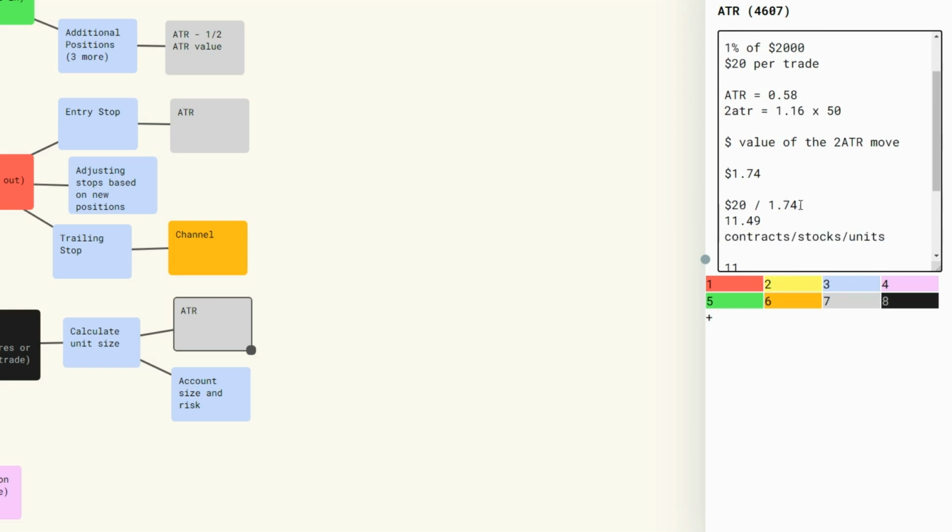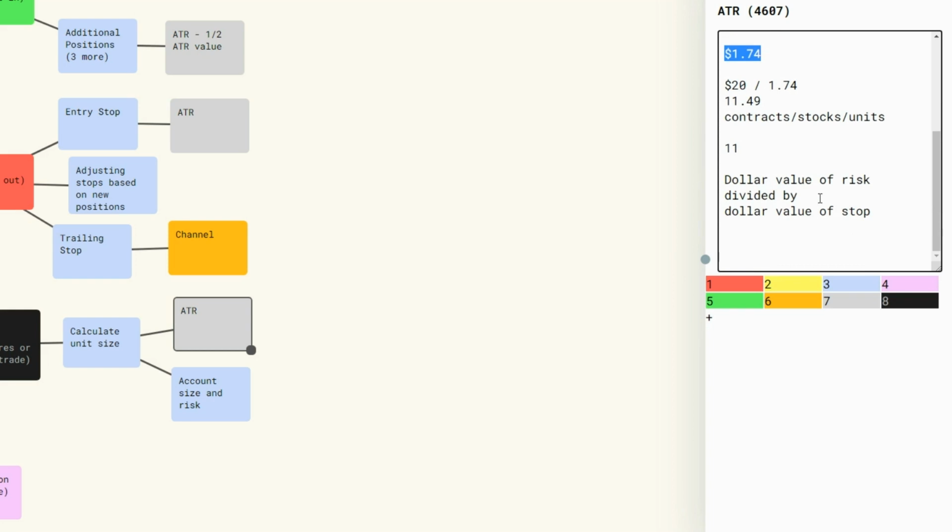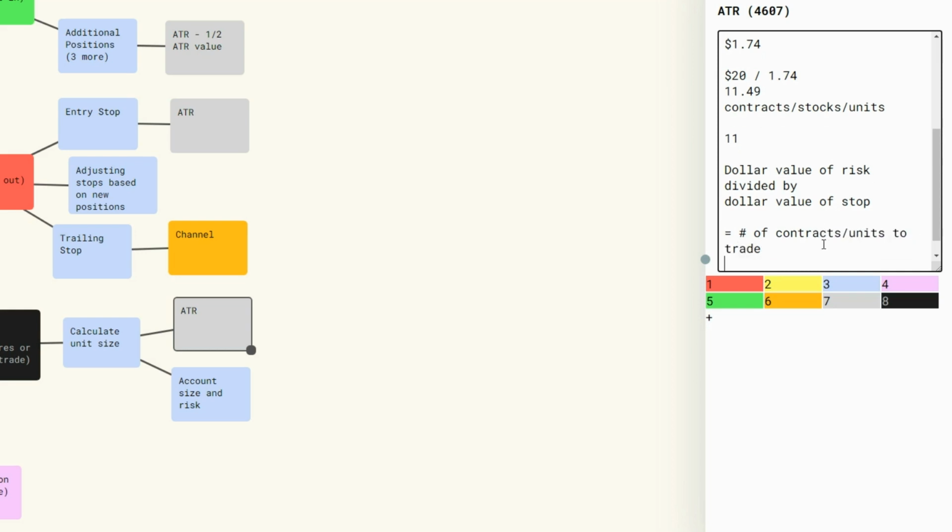And in my particular case, I just use the broker's system to determine how much this stop is going to be in dollar form, and I divide it, which equals the number of contracts or units to trade. And so that answers the money and risk management element, or how much are you going to trade.